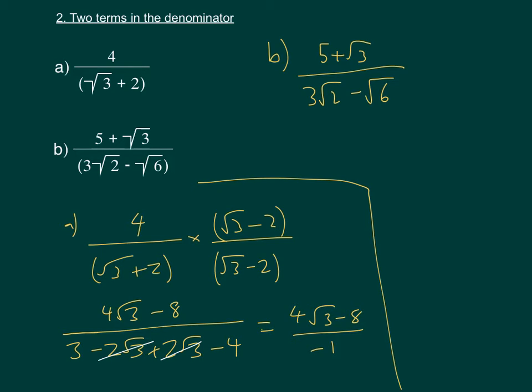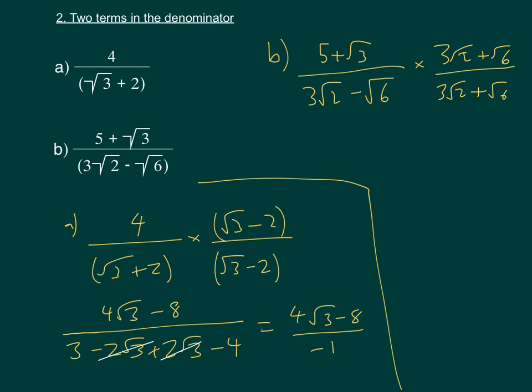This time we're going to have a quadratic bracket, a double bracket on top. So we're going to times top and bottom by 3 root 2 plus root 6. So we're just doing the opposite sign here compared to what it was there.